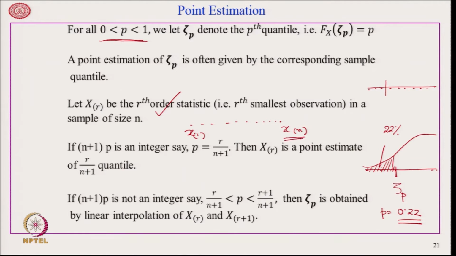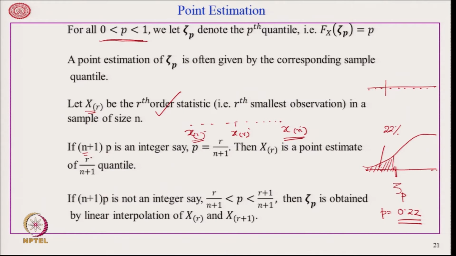It is the nth order statistic, that is the first order statistic, and the rth one in number will be called the rth order statistic. Therefore, this is a random variable, we write it with capital X. When we are looking at small x, this is basically the observation. Now, n is the sample size.